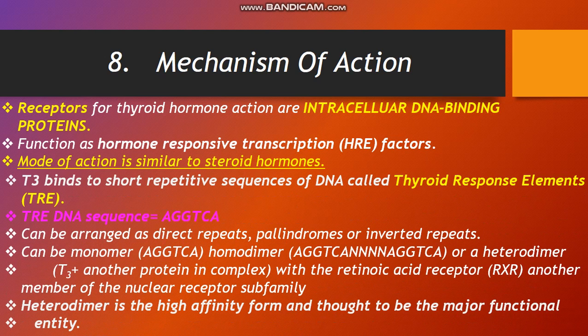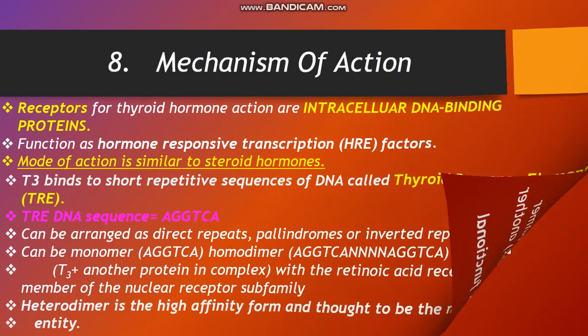These are the nuclear receptors which are present in the nucleus and by which the action of the T3 and T4 is made possible. Heterodimer is the high affinity form and thought to be the major functional entity.